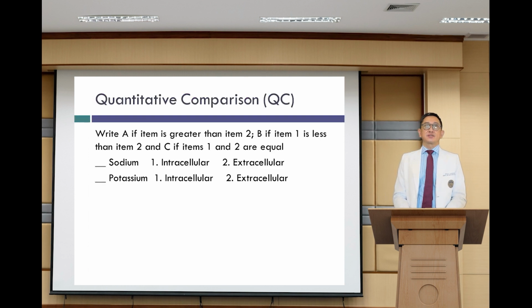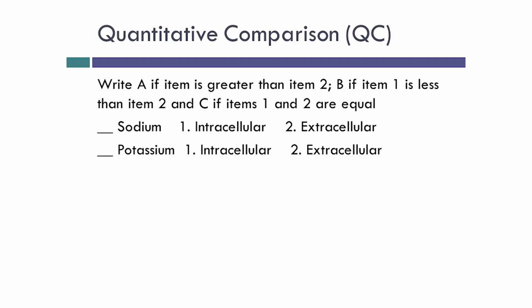So another type of question in physiology is what you call quantitative comparison. Write A if item 1 is greater than item 2, B if item 1 is less than item 2, and C if items 1 and 2 are equal. Example, we have sodium. 1 intracellular, 2 extracellular.